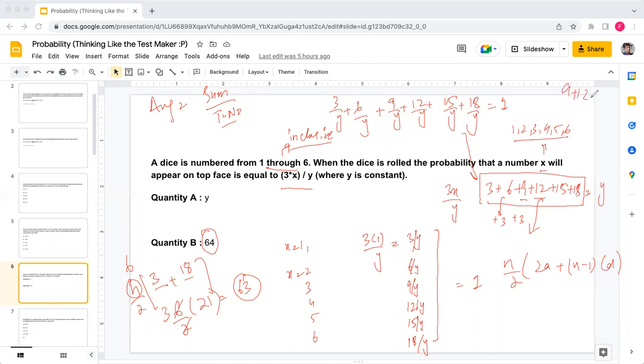So 9 plus 12 divided by 2 is 10.5. So 10.5 is equal to sum divided by 6, so the sum will be equal to 63. You can proceed by any way, this formula, or by this way, or you can even add, whatever you prefer.